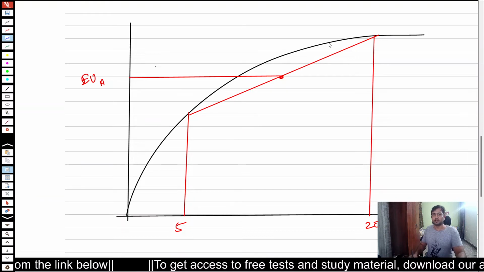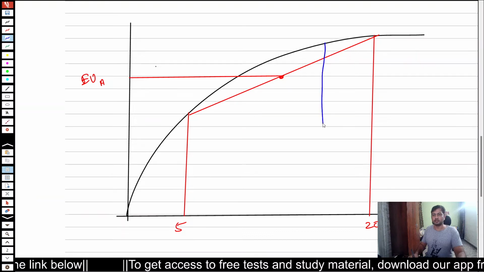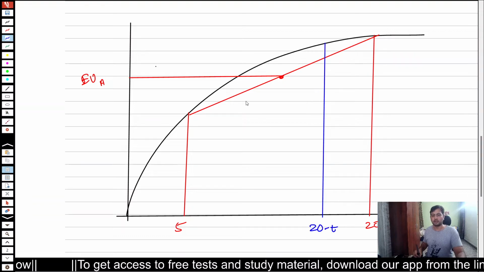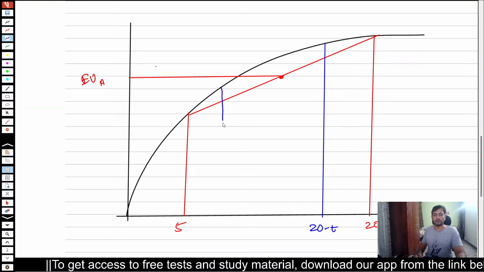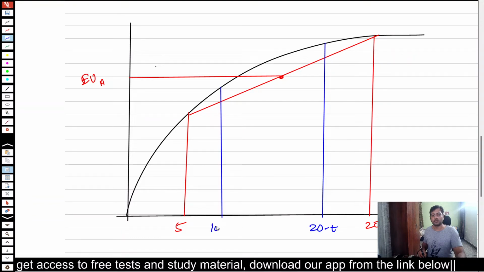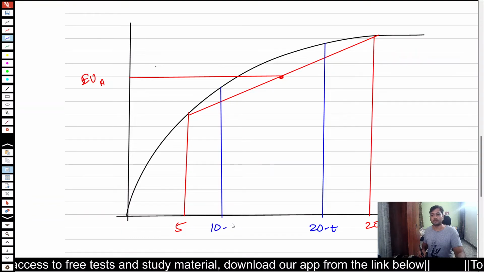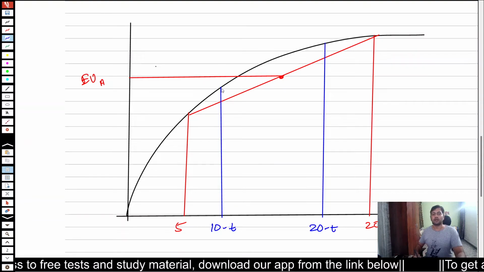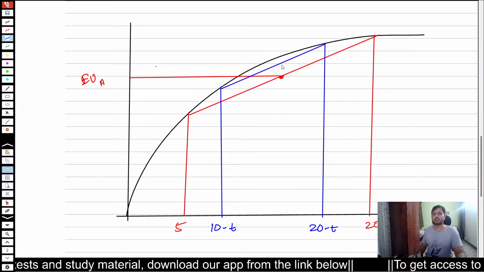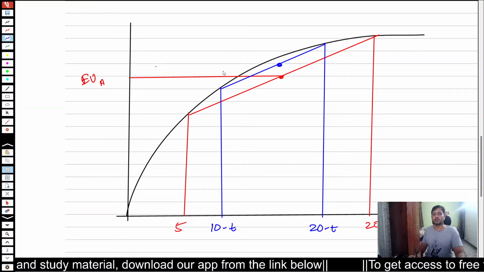So in the case of A, this is going to be your 20 minus T, and this is going to be your 10 minus T, and when I connect them, this is going to be the expected utility.